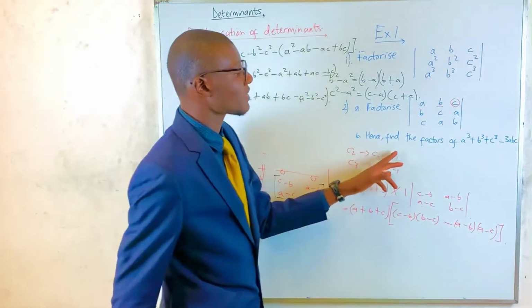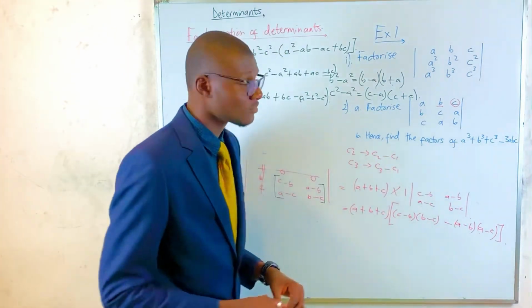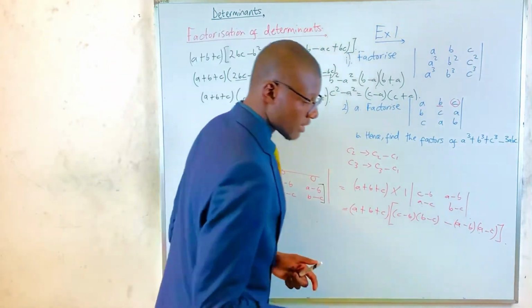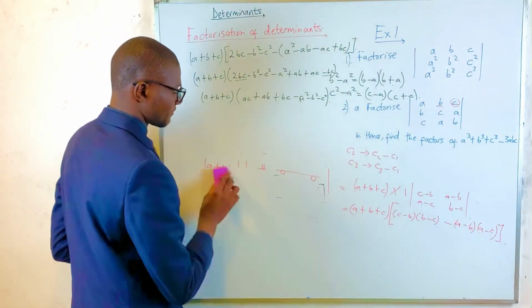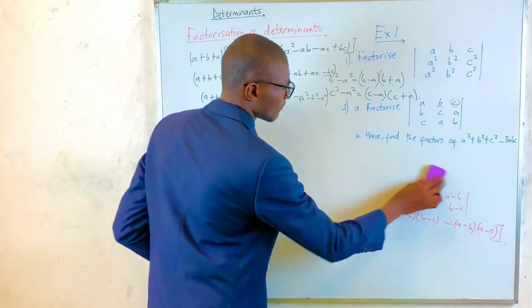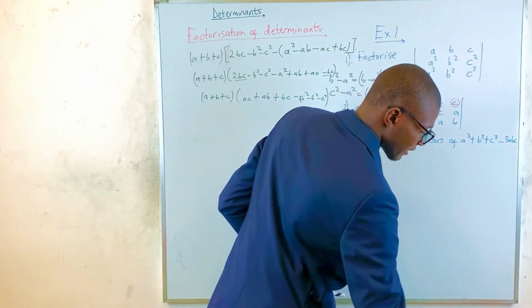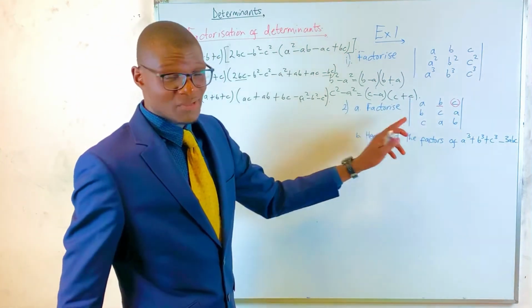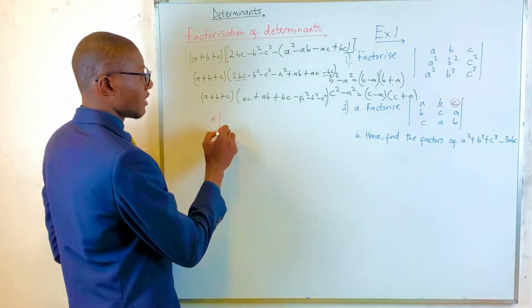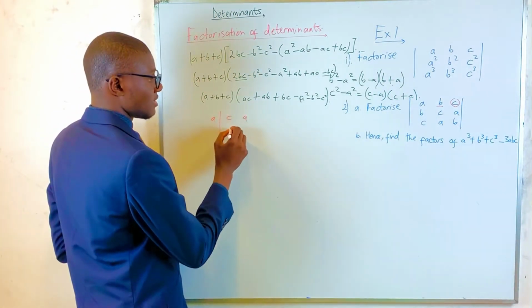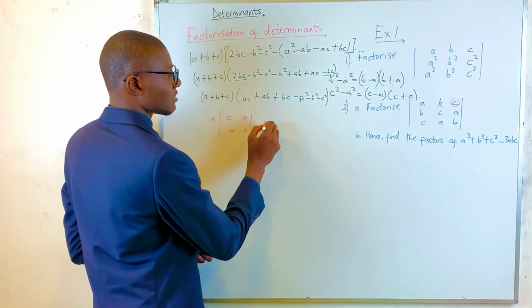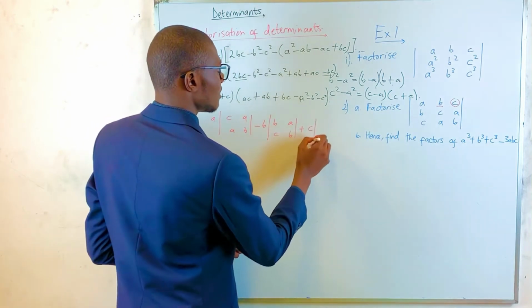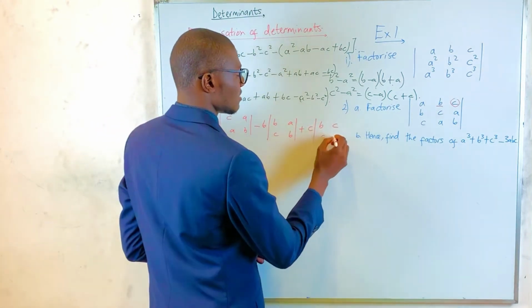Then the second part requires us to find factors of A to the power of 3 plus B to the power of 3 plus C to the power of 3 minus 3ABC. Allow me to erase this. For this last part, if you first find the determinant using the long way, we have A times the determinant of AC, CA, AB, minus B times the determinant of BA, CB, plus C times the determinant of BC, CA.